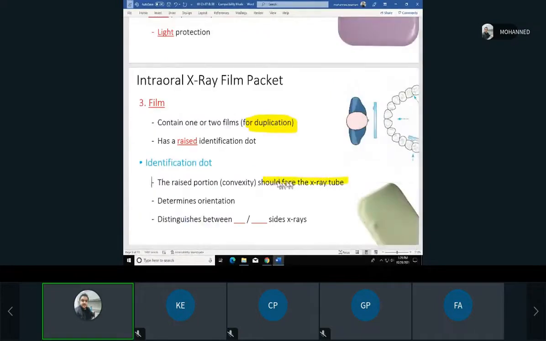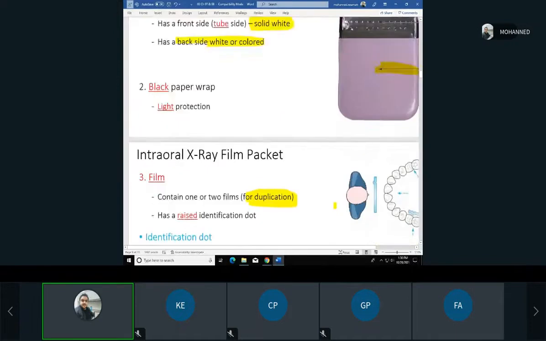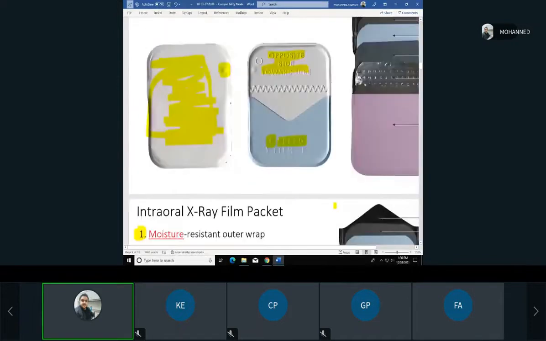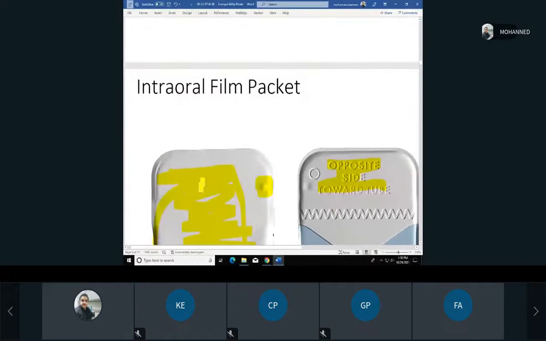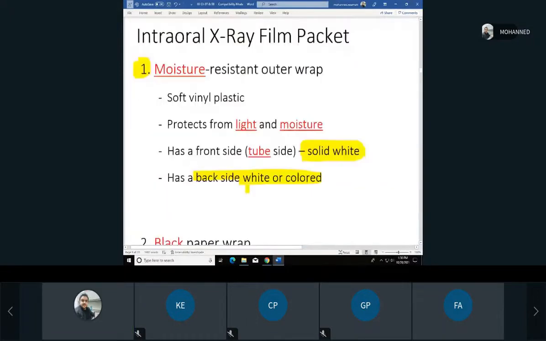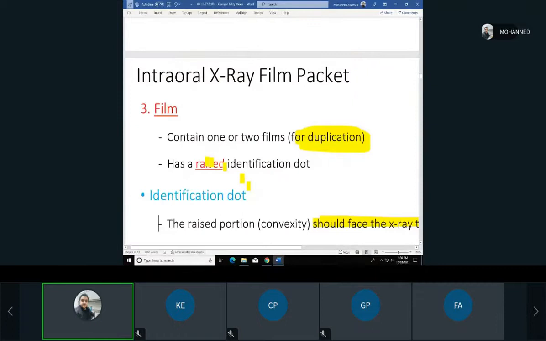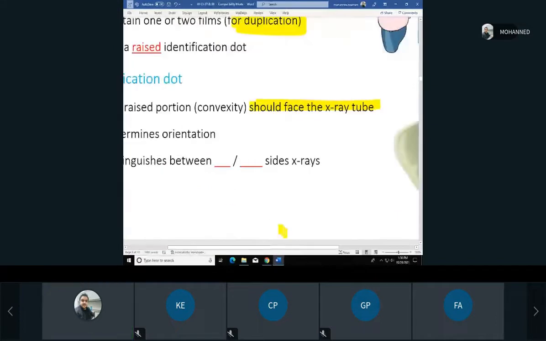The x-ray tube, right? The convexity of the dot, the raised portion. Because it has a raised portion and a concave, or inside, portion that should be on the other side. So the raised portion should be facing the tube.